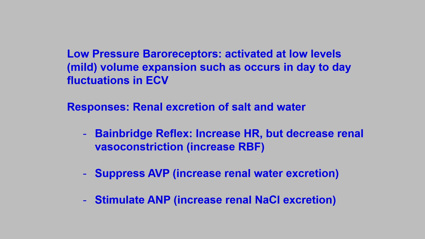And then there are the low pressure baroreceptors, which regulate intravascular volume or cardiac output, which is the other component of mean arterial pressure. So through the combination of these systems, we maintain our blood pressure on a day-to-day and hour-to-hour basis at relatively stable values.